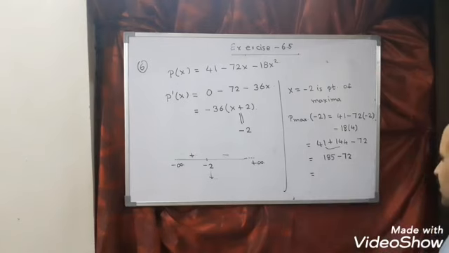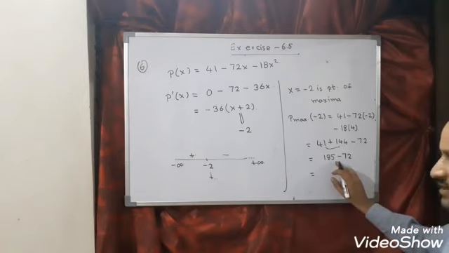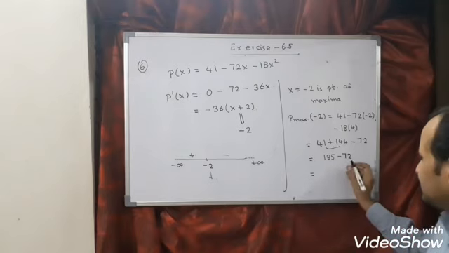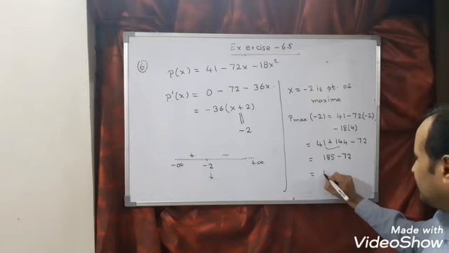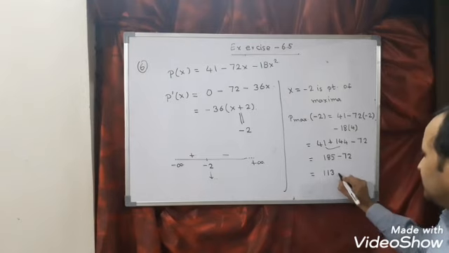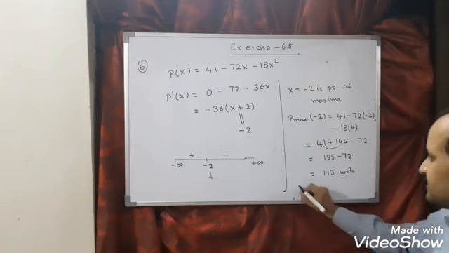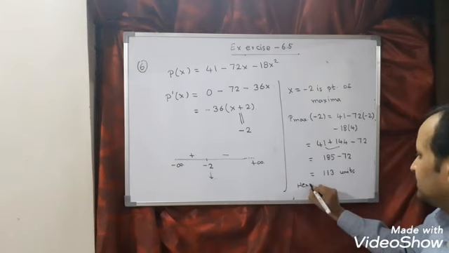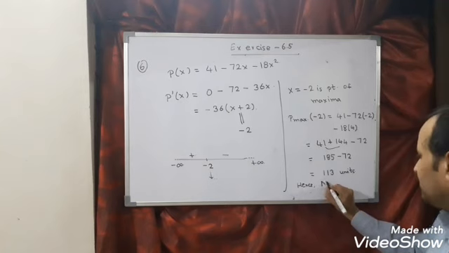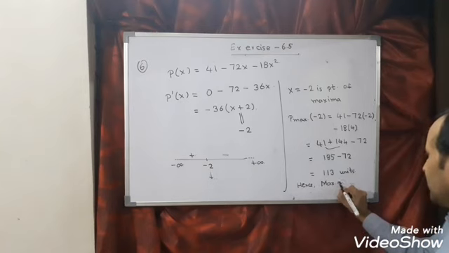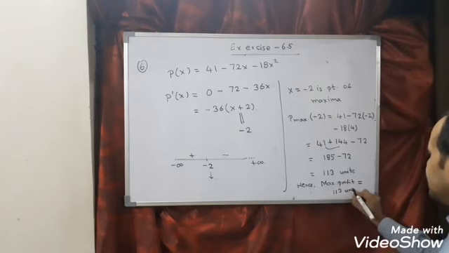So how much? I think this value is equal to 113 units. So answer of this question is maximum profit is equal to 113 units. So hence maximum profit is equal to 113 units.